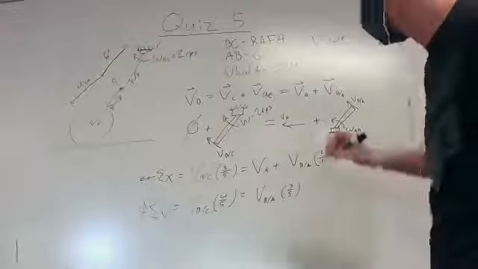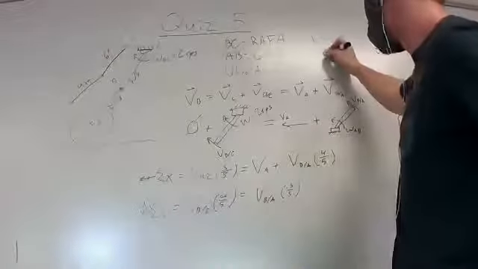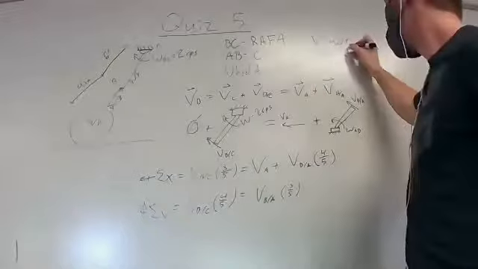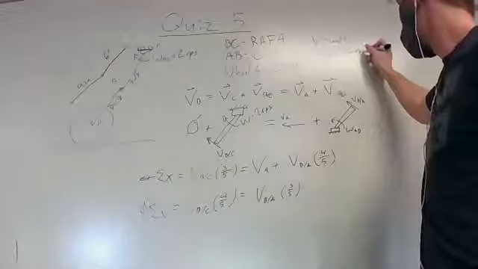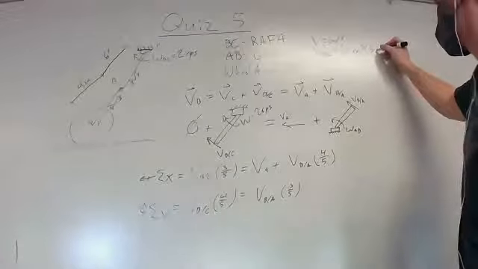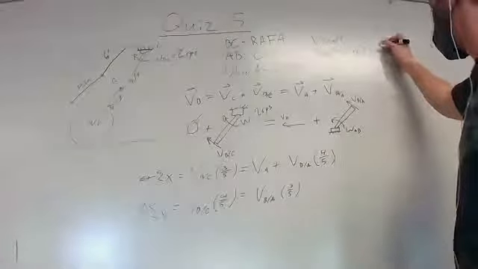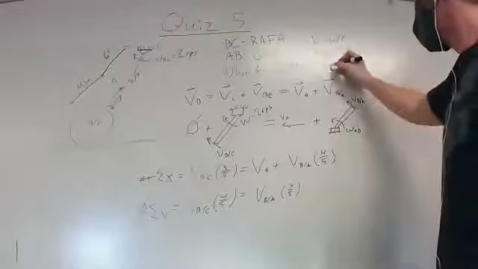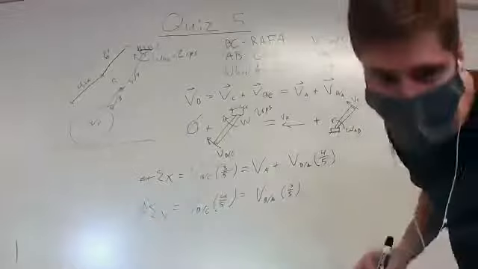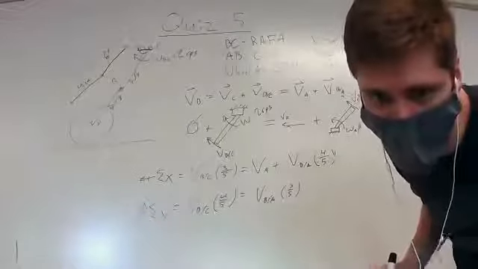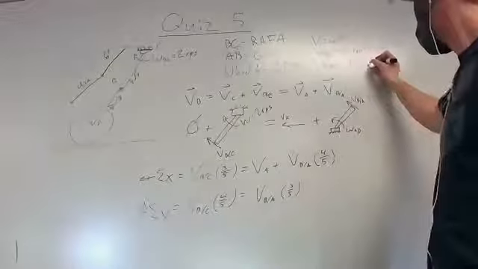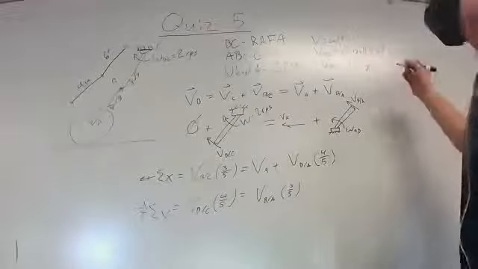Which is going to give us that VBC is equal to 2 radians per second times 6 inches. So VBC, they say it was 12 inches per second, IPS.